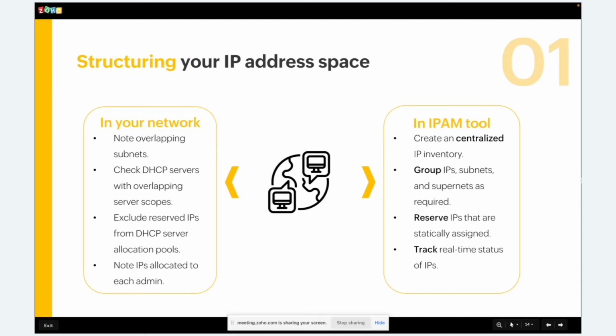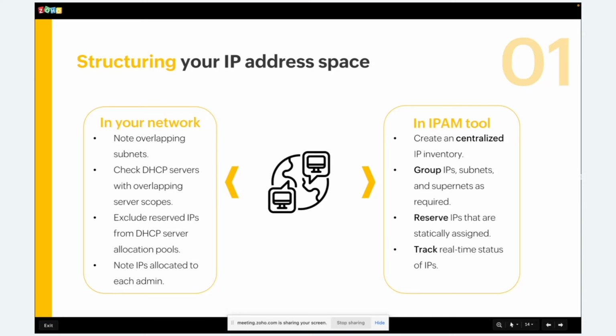And the very important part is to note that you know which network admin has access to what IPs. Because when you do these steps in the IPAM tool and in your network, you are effectively structuring your network. You are making it easier to manage. You are getting visibility. You are prioritizing your management efforts into the IPs and the subnets that need the most attention.